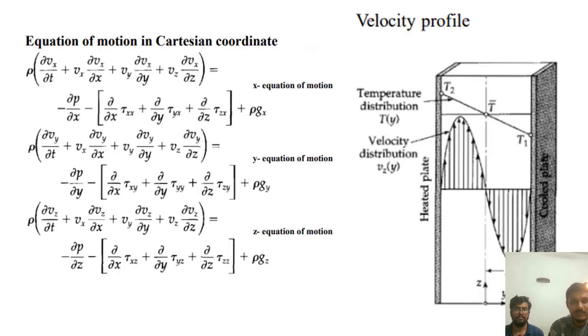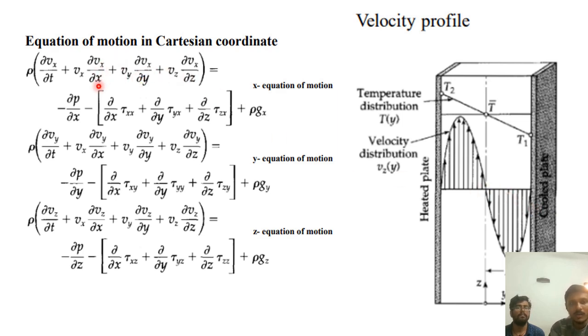For that, we have these equations. Why will we use the Cartesian coordinate equations? Because this is a rectangular box, and in this rectangular box our equations will be easier in the Cartesian coordinate system.